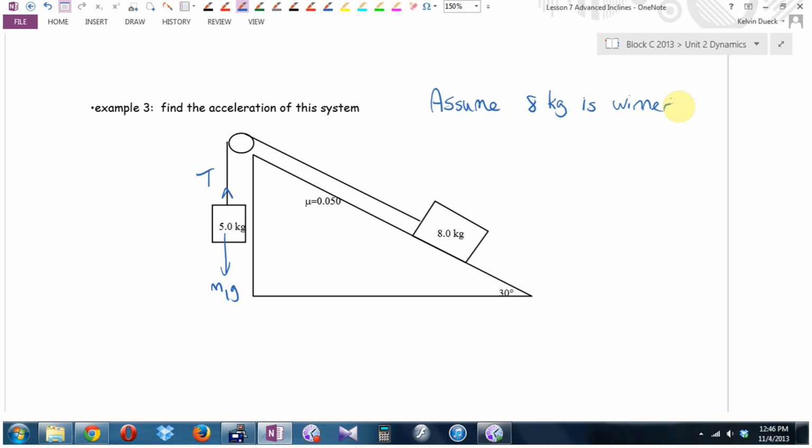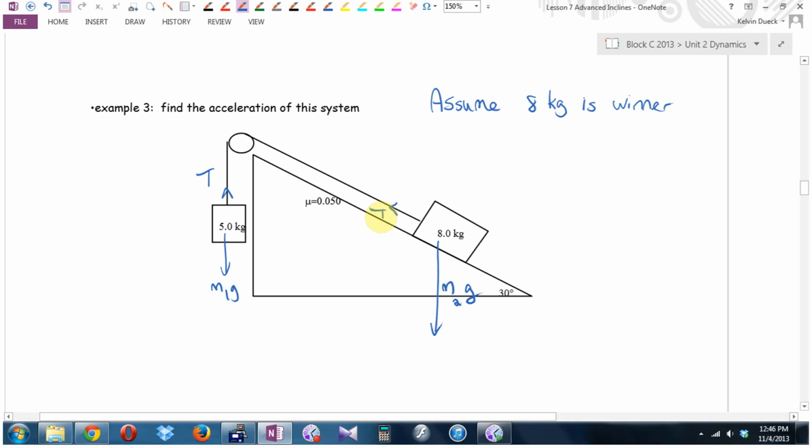So you would go M2G, yes? Tension. Hey, if mass 2, if the 8 is the winner, which way is it sliding? Up the hill or down the hill?